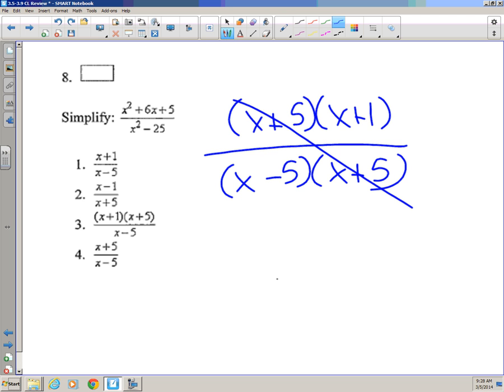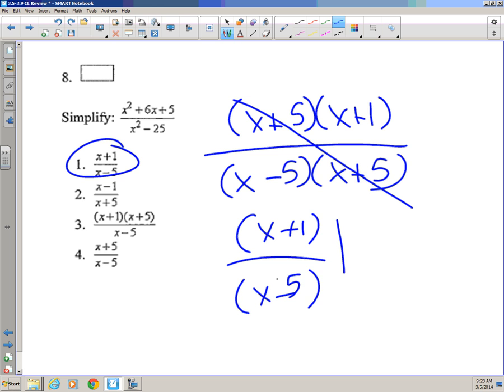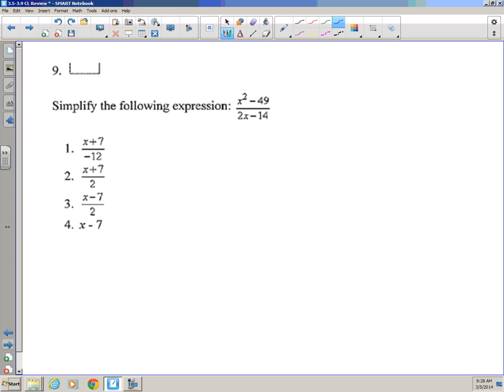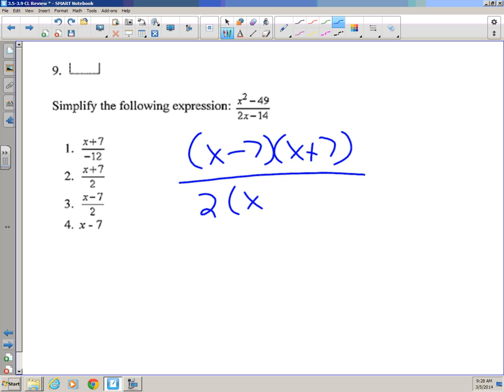Final answer is x plus 1 over x minus 5, choice 1. Number 9, simplify again. Dots up top, minus 7 plus 7. GCF on the bottom, 2x minus 7. X plus 7 over 2, choice 2.